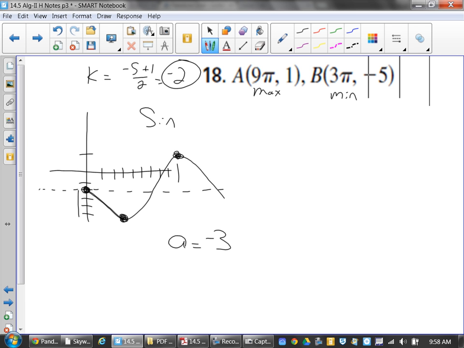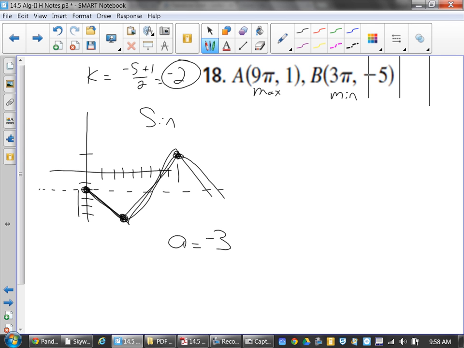If it was a cosine graph, it would start at the max or min on the y-axis. This doesn't start on the y-axis, even with the shift. So if you start here, you're a sine graph, go to your minimum, go up to your maximum, and then back down.